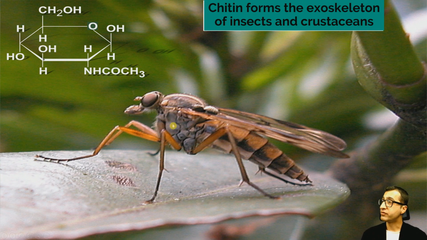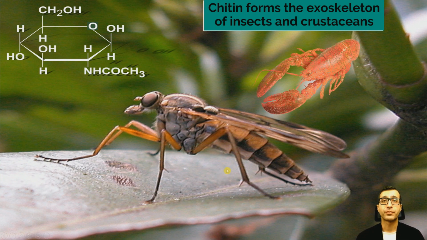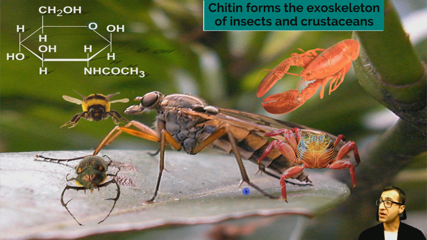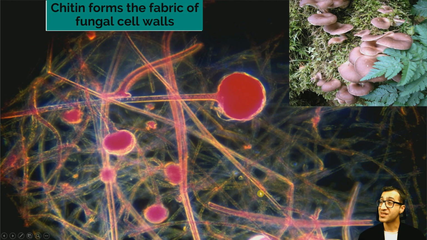So chitin will form the exoskeletons of both insects and crustaceans. So the interesting part of this is that crustaceans, insects, and also fungal cell walls have the same polymer, and largely for the same reasons, to confer rigidity and strength to their structures.